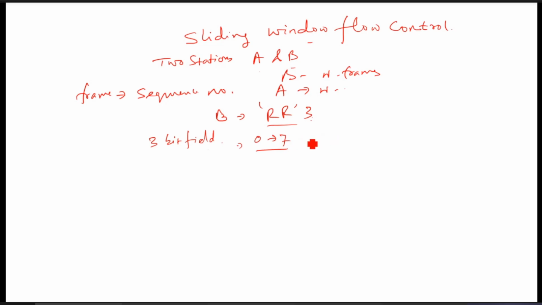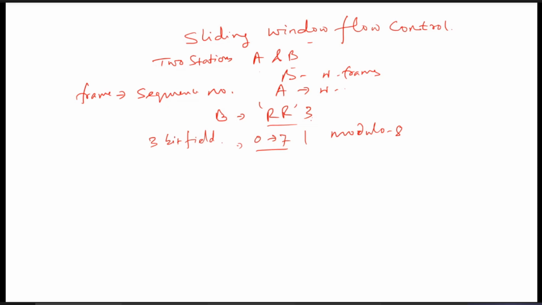So the frames will be numbered like these things, and we can use modulo 8. Modulo 8 for a 3-bit field, right? And it will be repeated. After transmitting frame number 7, the next number will be 0. 0, 1, 2, 3, 4, 5, 6, 7, next 0. Right.